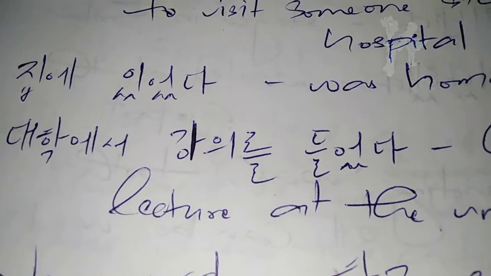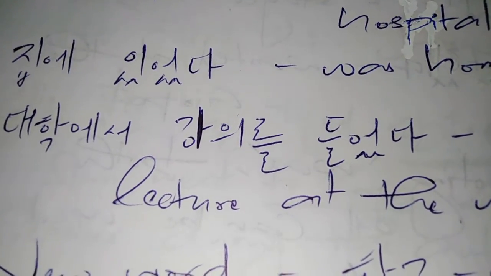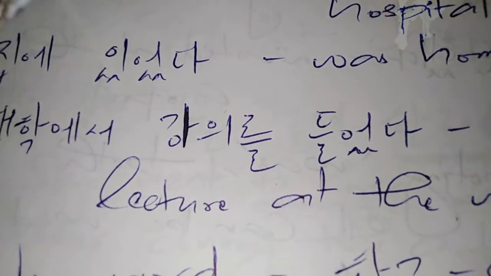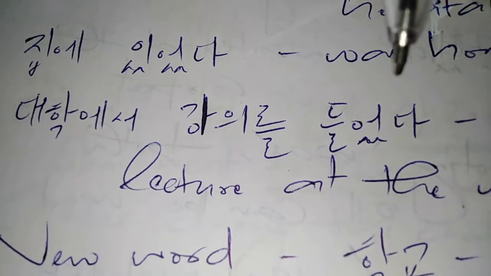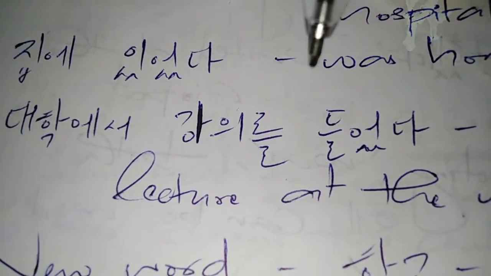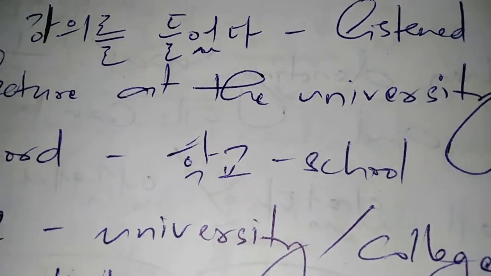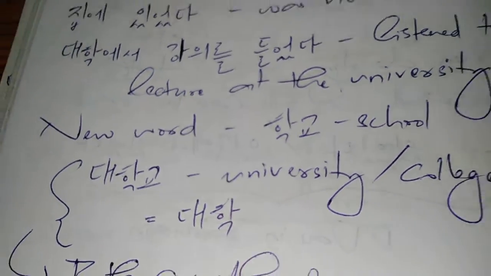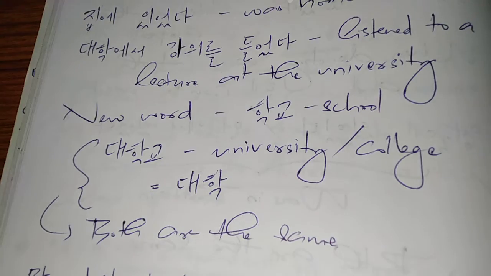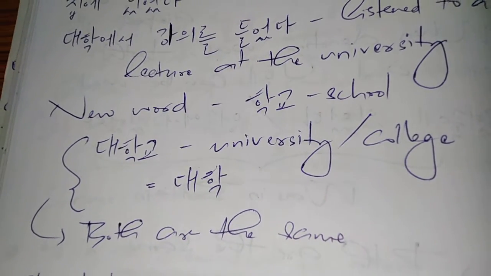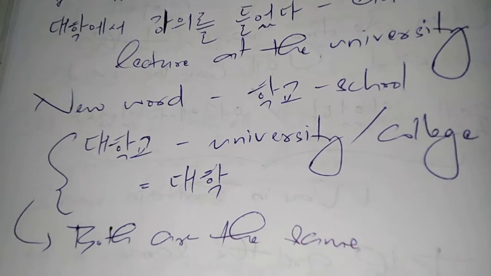The next one, 대학에서 강의를 들었다. So I might have told this earlier, but 학교 means school. So it's given here, 학교 means school. 대학교 means university or college. And 대학 is the same as 대학교. So both are the same.